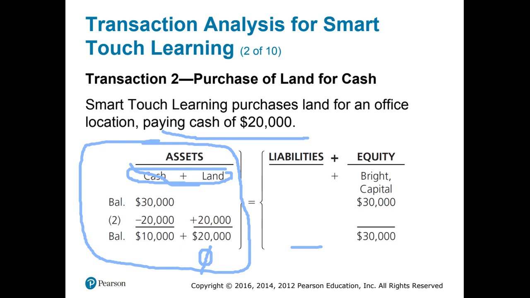The accounting equation still balances, because 10,000 plus 20,000 equals 30,000, and we have 30,000 in equity on the right. So it does balance, and that means everything we did was right. Now we can move on to the next account to enter.